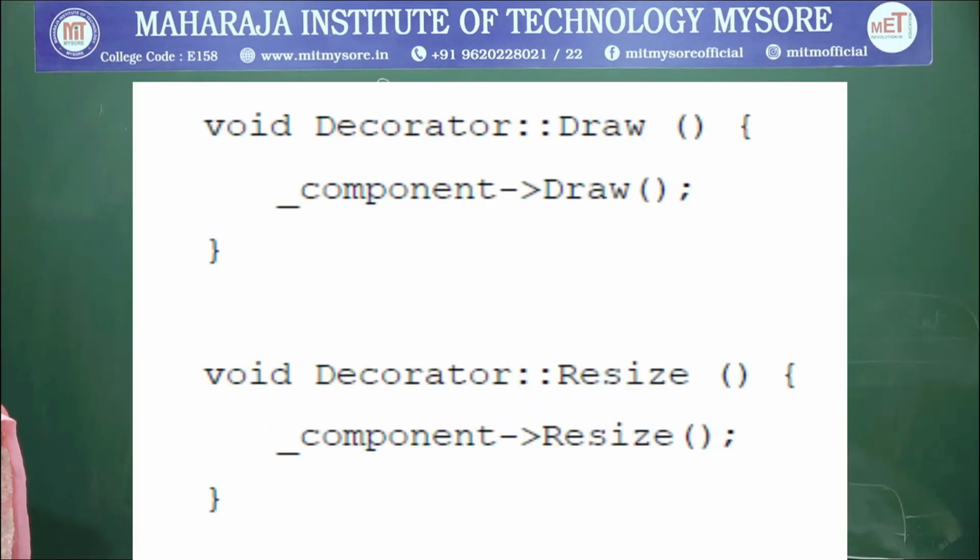So that is void decorator, okay. That uses the draw operation. Using the instance variable underscore component, it is going to draw, and in the same way for the resize operation it is going to call that instance variable's resize and work on it. Okay.